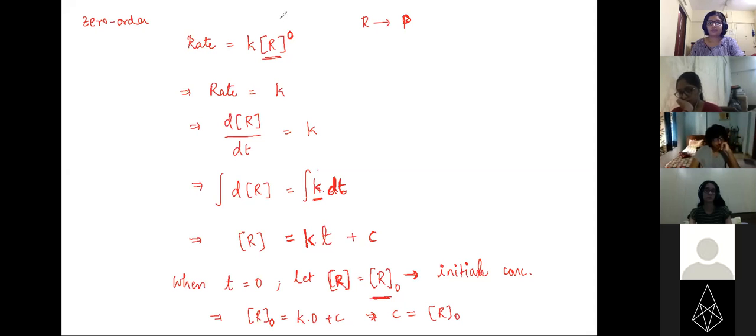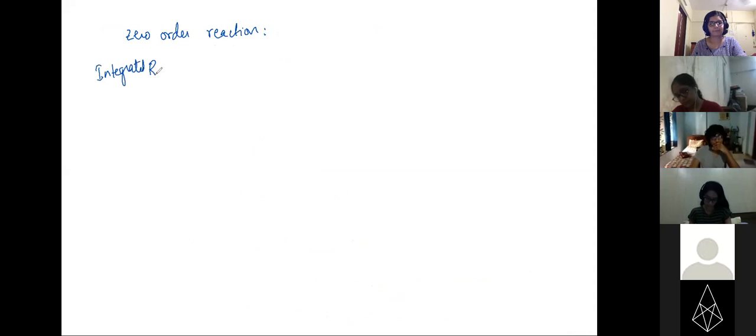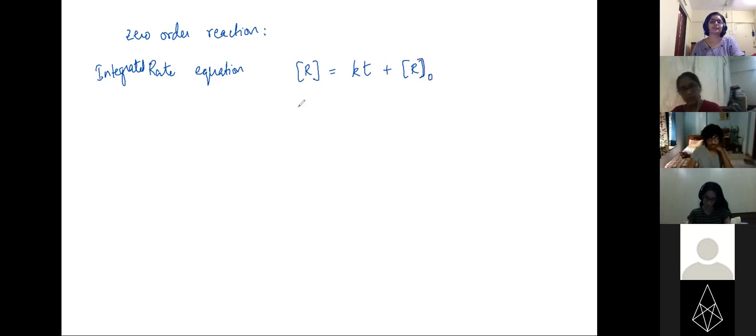So basically for a zero order reaction, the integrated rate law is going to be concentration of R is equal to Kt plus R naught, which is the initial concentration.